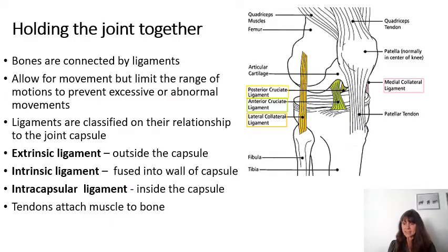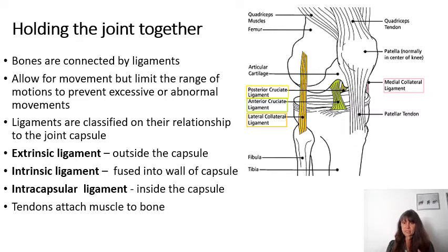There are many things that hold synovial joints together depending on the size and complexity of the joint. Remember that fibrous joints are held together by fibrous connective tissue or ligaments. Cartilaginous joints are held together by cartilage. Synovial joints may have different components of the others incorporated into them. They're much more complex.